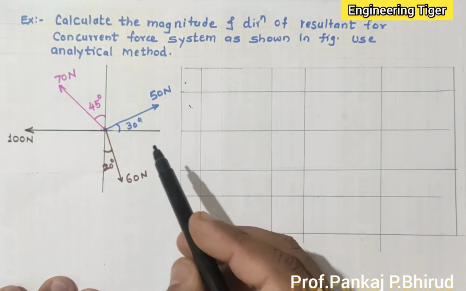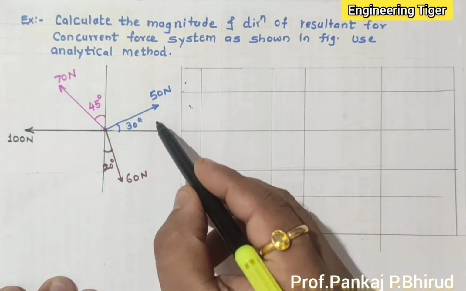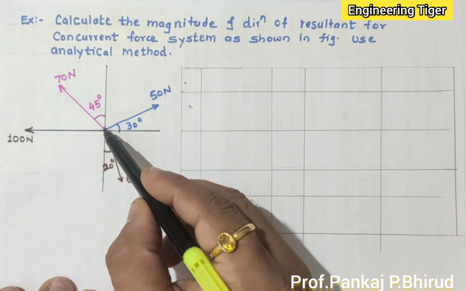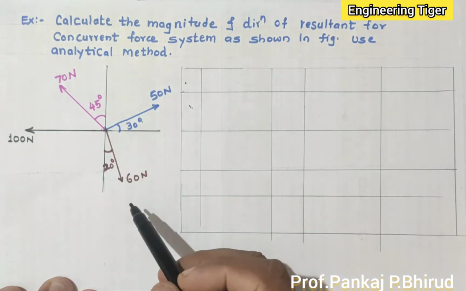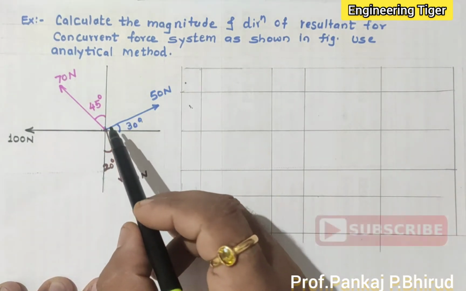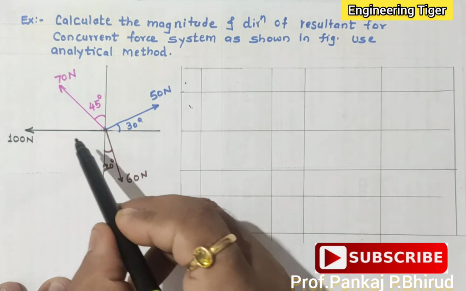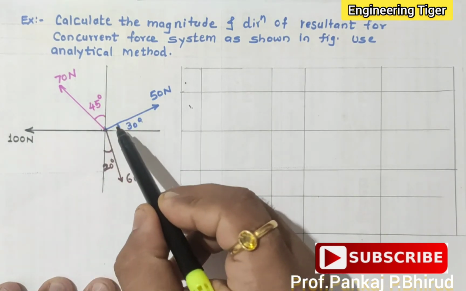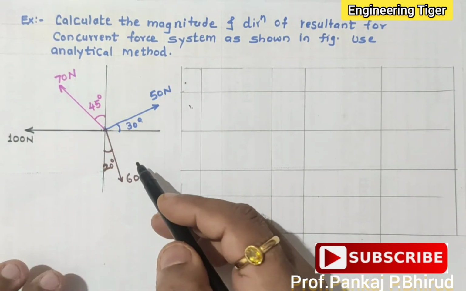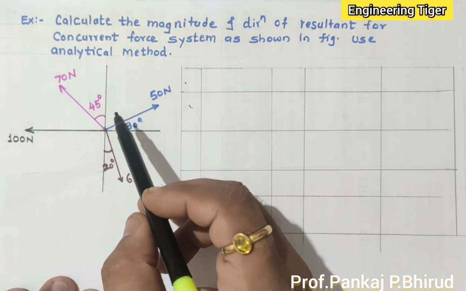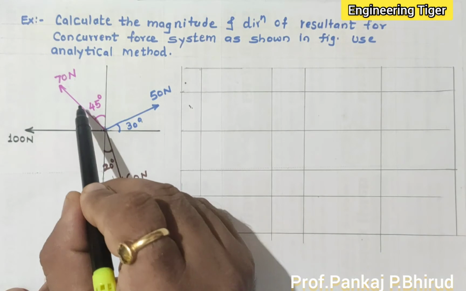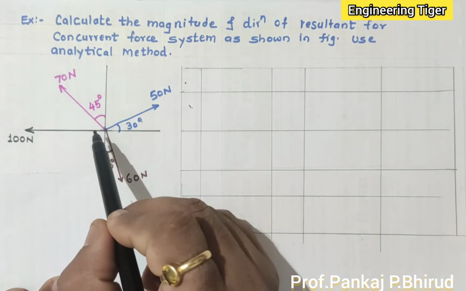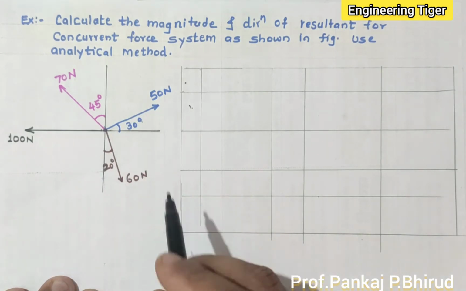Here a total of 4 forces are acting at one point. That means this is a concurrent force system with 4 forces. Now observe, these 4 forces are in the push sense. Our first step is to resolve all the forces which are inclined with the x-axis into horizontal and vertical components.